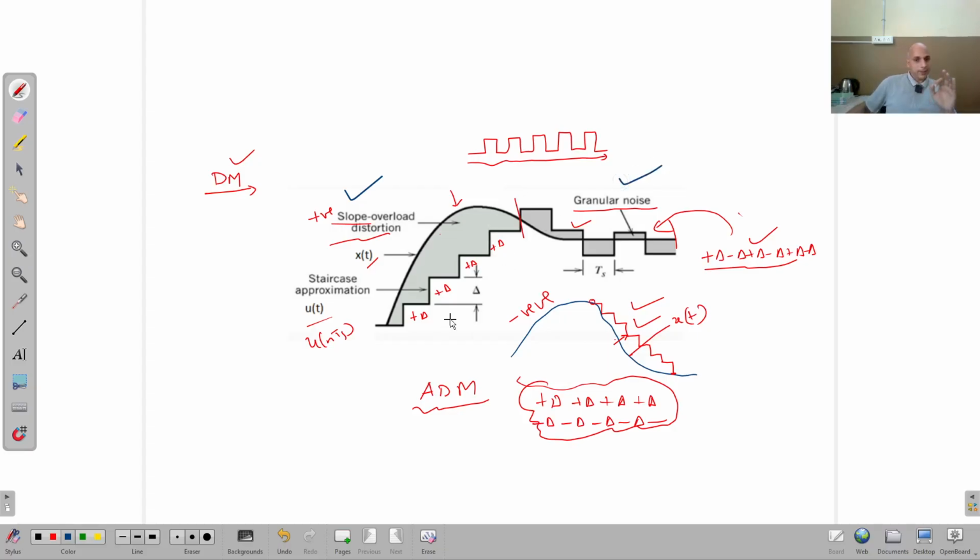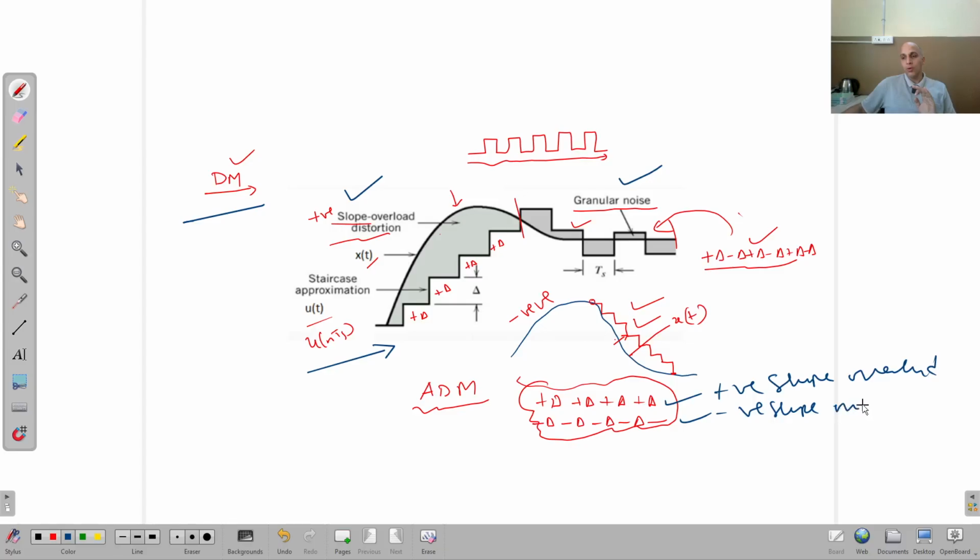Slope overload means we are getting either plus delta, plus delta, plus delta, or negative delta, negative delta, and so on. So this is positive slope overload, and this is negative slope overload.